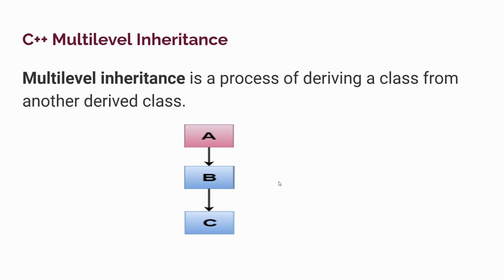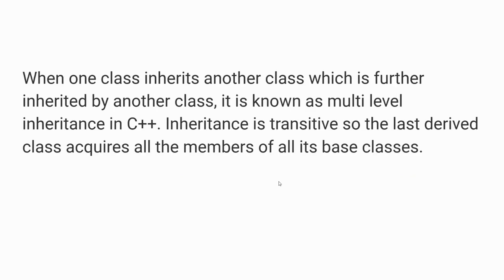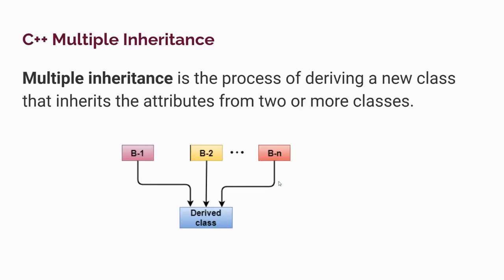But B is actually a derived class. When one class inherits another class, which is further inherited by another class, it is known as multi-level inheritance in C++. Inheritance is transitive, so the last derived class acquires all the members of its base classes.